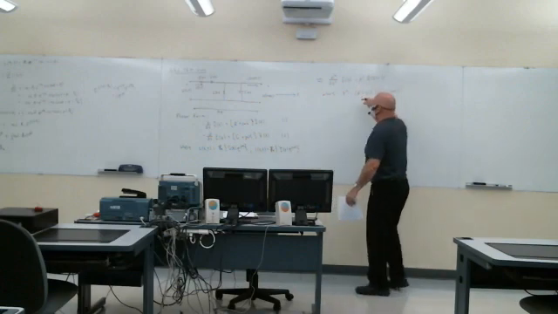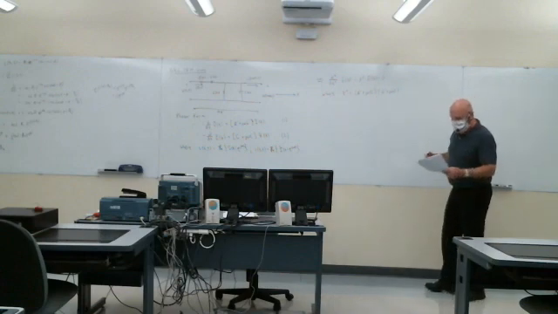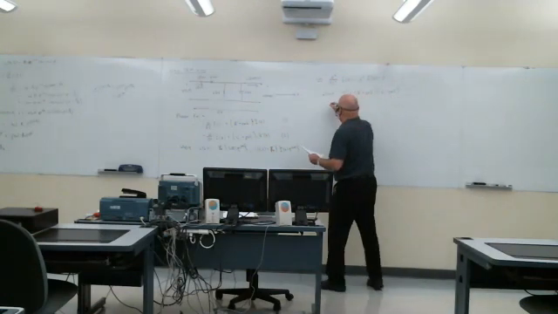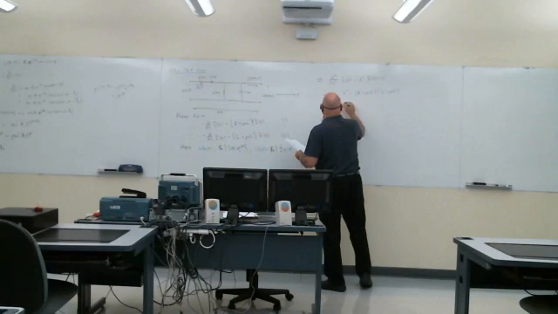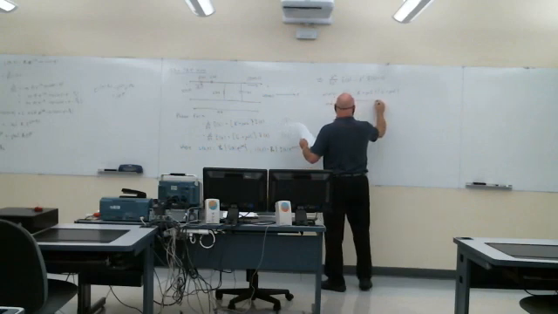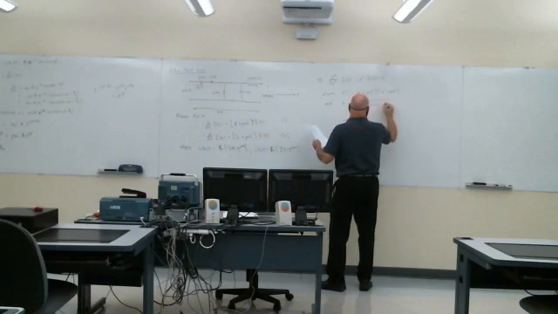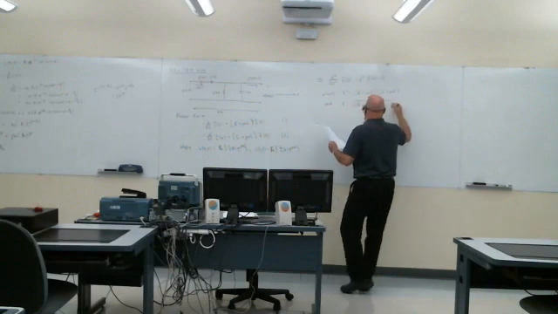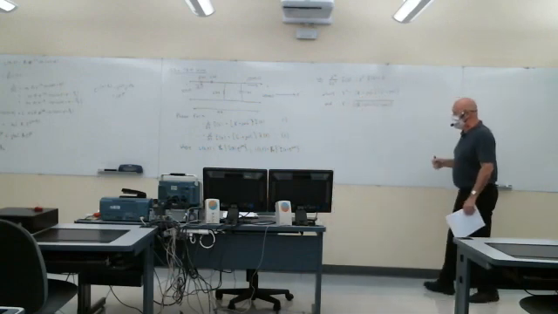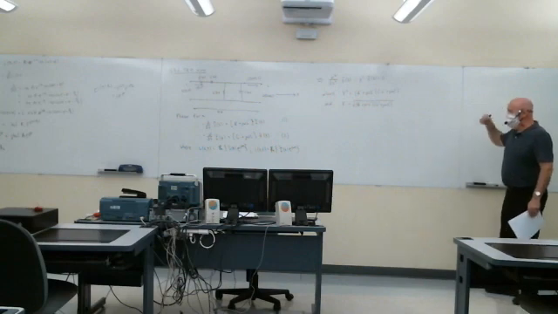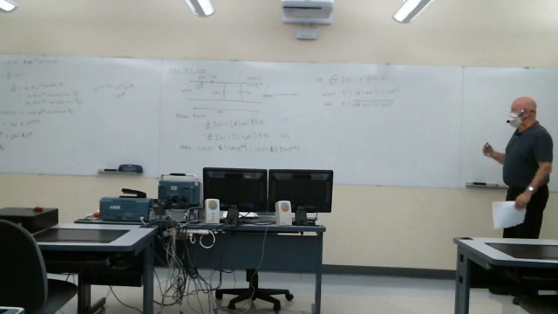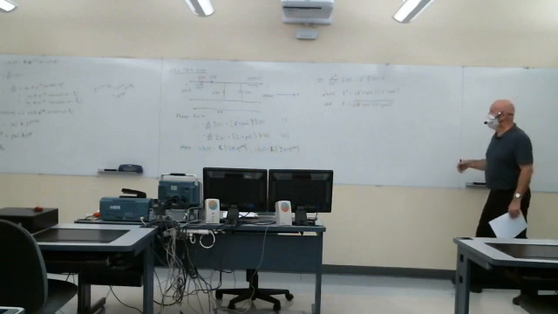You can see in general this gamma squared is complex, and gamma would of course be the square root of (R prime plus j omega L prime)(G prime plus j omega C prime). You can also see in general it's a complex propagation constant. Gamma is going to be a complex value that's a function of frequency.